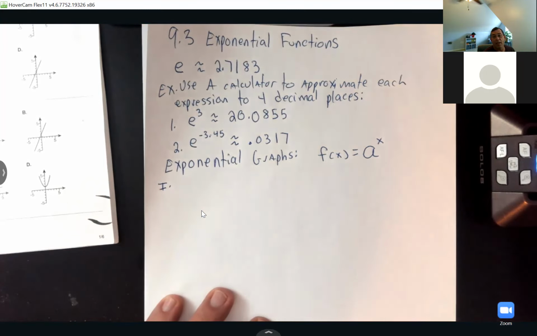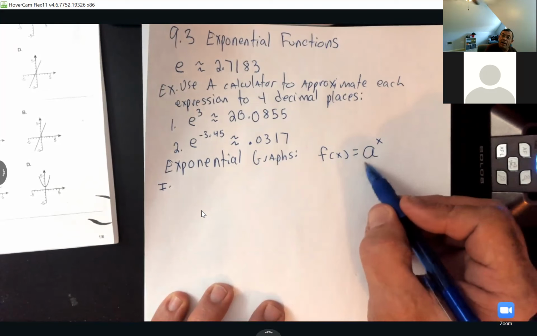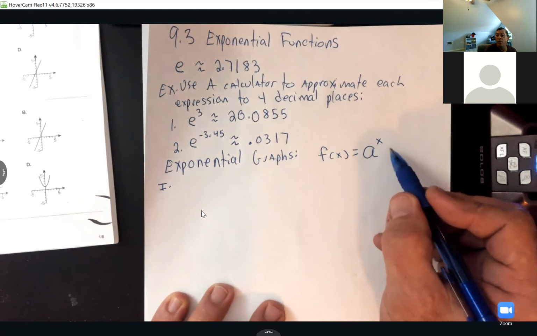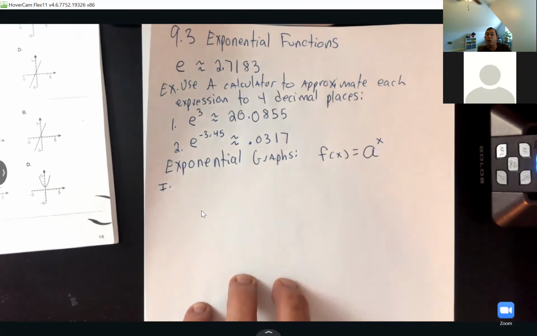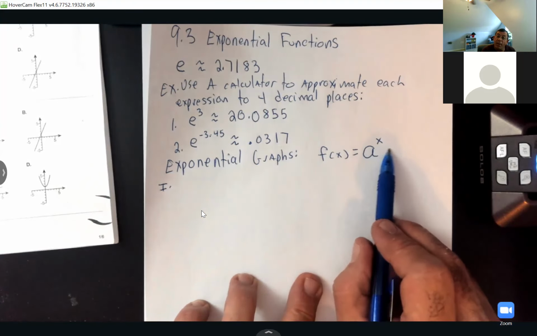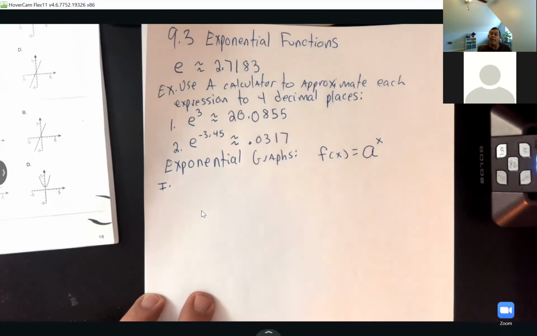Before, when we did graphs that looked like this, our variable was the a. That would have been our x, and then we would have had something like a 2 for the x squared graphs or a 3 for the x cubed graphs. Well, now the variable is going to be the exponent, and the base will remain the same for each of these problems, okay?